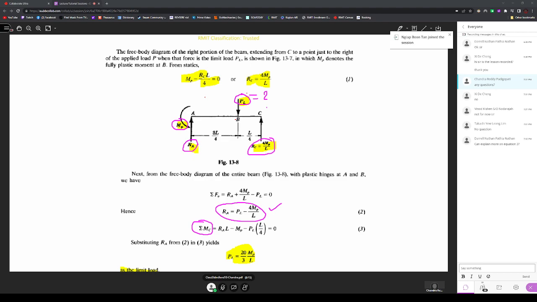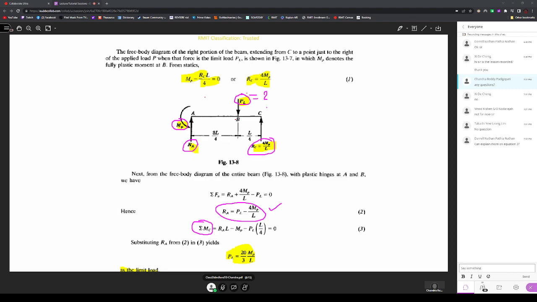But the entire structure is not plastic, only point B and point A are in a fully plastic state. You can increase the load up to the point where some points on the structure become fully plastic. The points which are fully plastic are A and B, so plastic moments are developed at A and B.